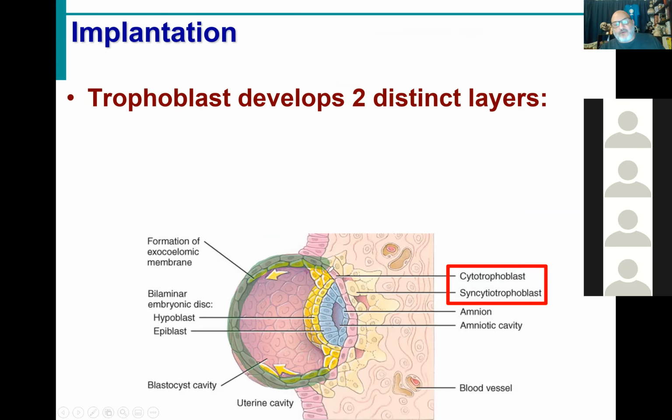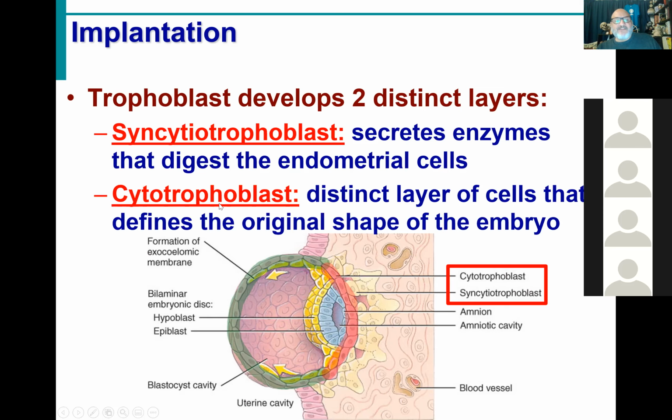Here in light green, we'll show the portion that stays intact. Okay, that doesn't differentiate it enough, so let's use, so many colors on this, we'll use red. It stays intact, maintaining the integrity of the cavity that is formed by the trophoblast. And that region is what is known as the cytotrophoblast.